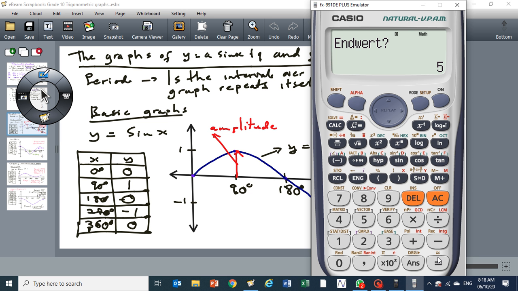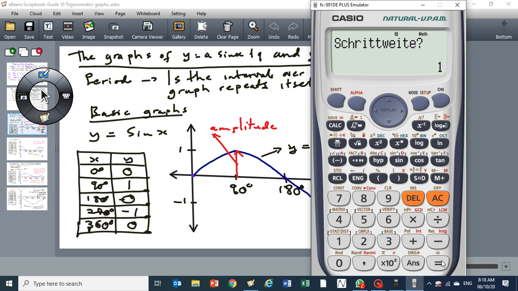Then end. Now, end is the maximum of the domain. It's 360 degrees for our graph. So you put 360, then you press equals. Then it says step. Now, this is very important. By step, we are saying, if you are starting from 0, what's the next value of x?